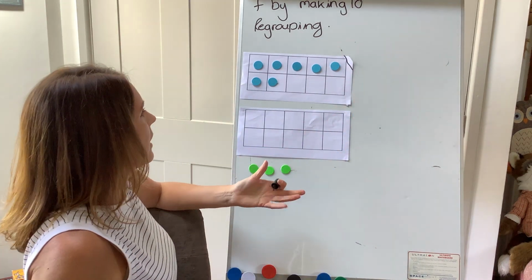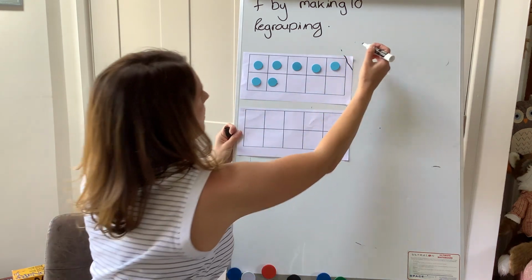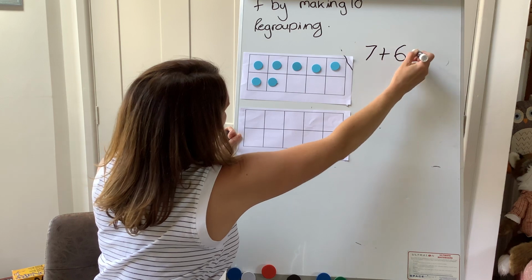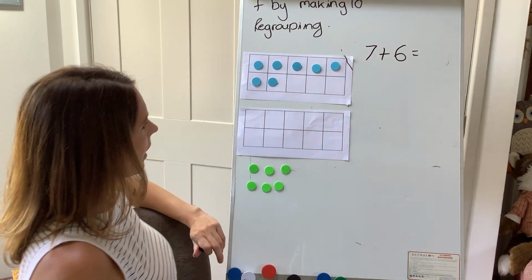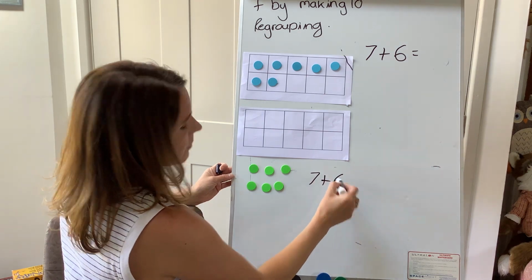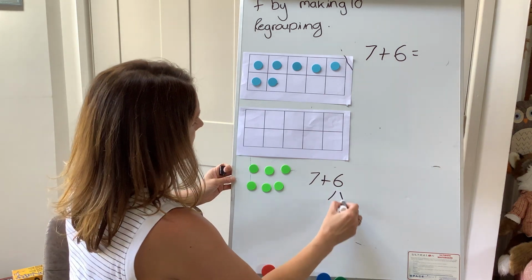Andy wants to add 2 numbers by regrouping or to make 10. He wants to add the numbers 7 and 6. Susan offers these examples of how he could do it. 7 add 6.